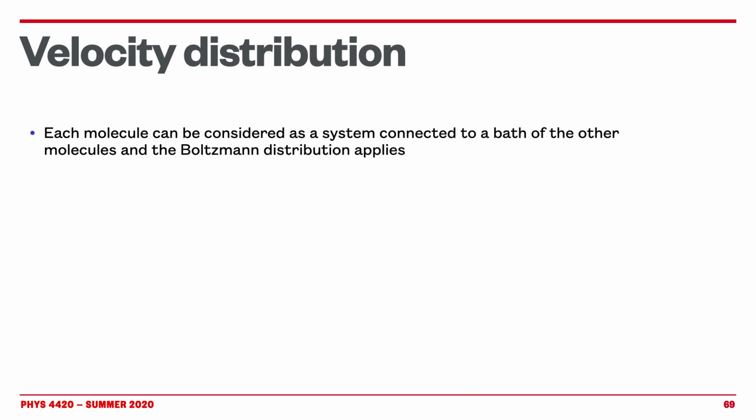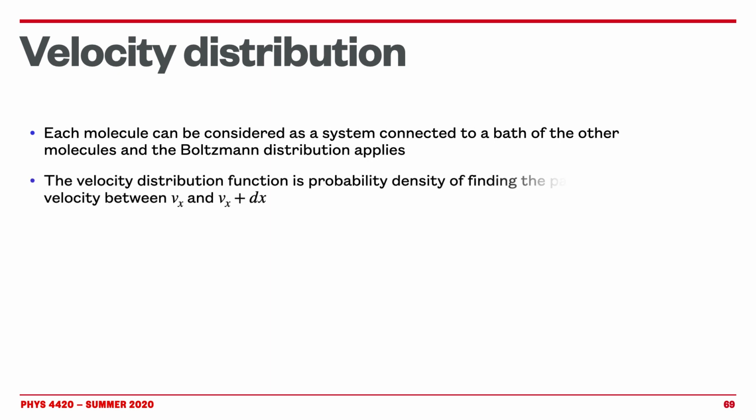We'll consider each molecule embedded in a system connected to a bath, and the bath will be all the other molecules. Remember, the heat bath and reservoir are synonymous. So of course, the Boltzmann distribution applies. And remember, this is a distribution, this is a probability, but because we have a continuous variable, which is the velocity, we have to look at the probability density.